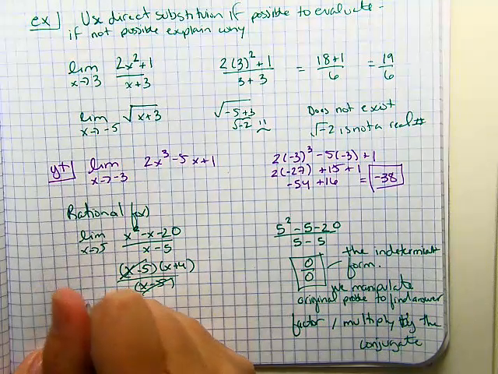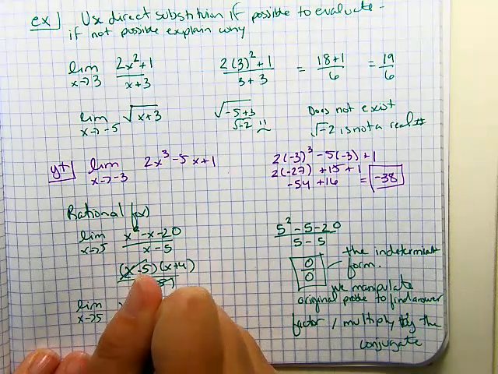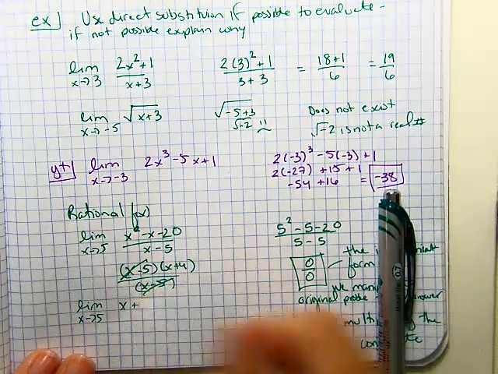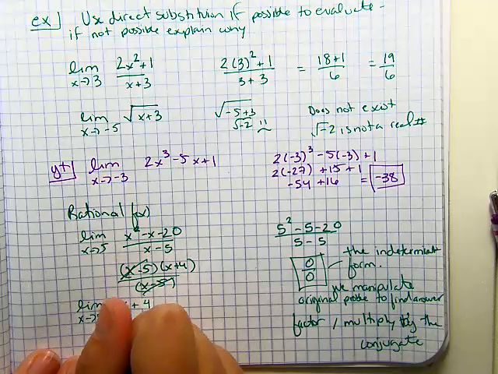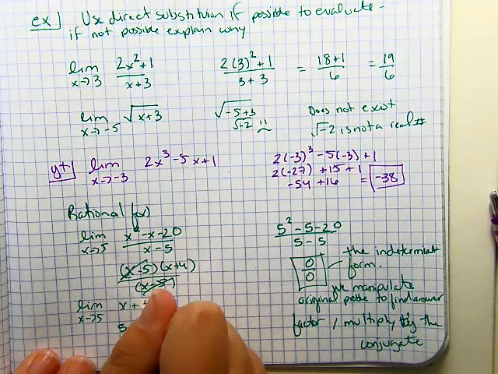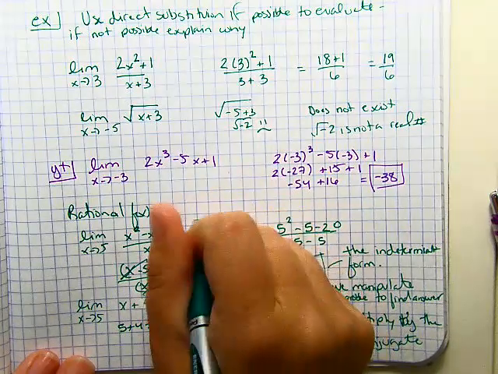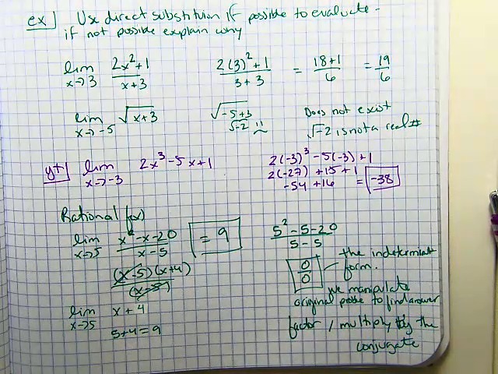So this turns into the limit as x approaches 5 of x plus 4, which would be 5 plus 4 is 9. So our answer is actually 9 because there's a removable discontinuity.